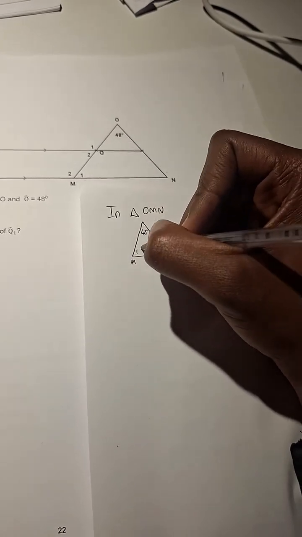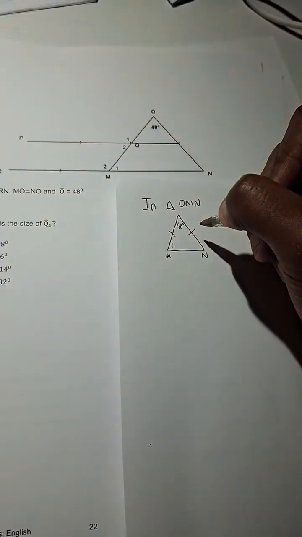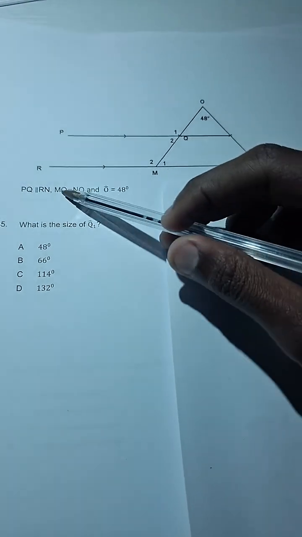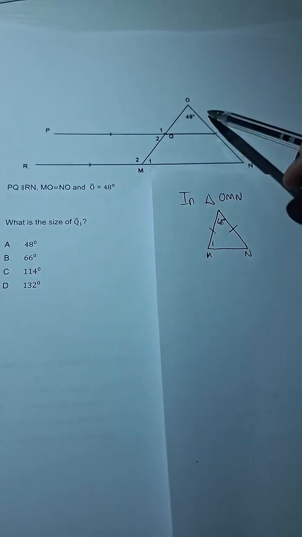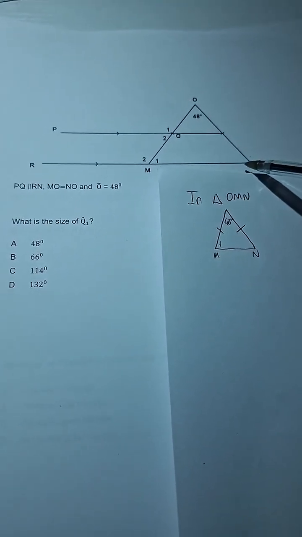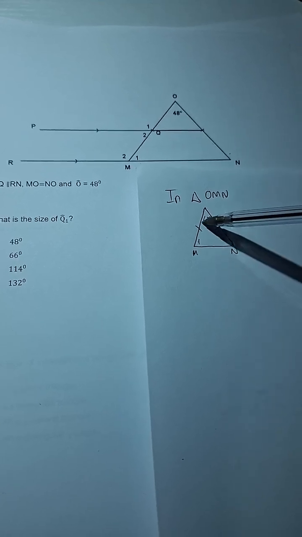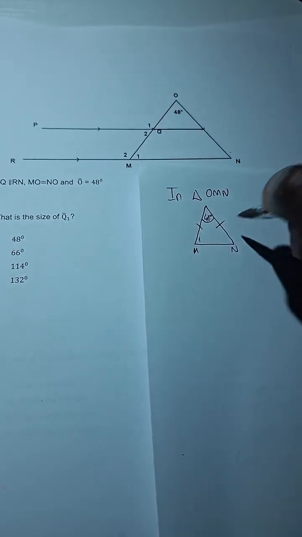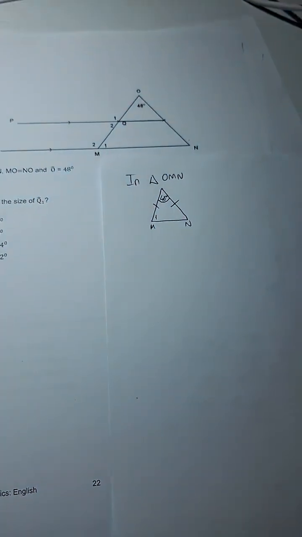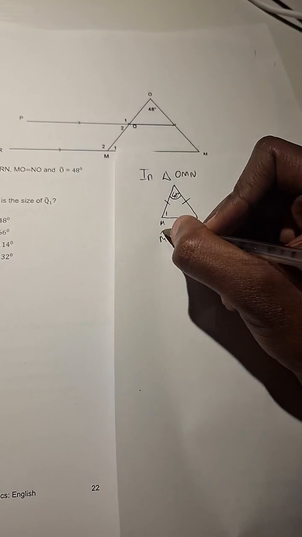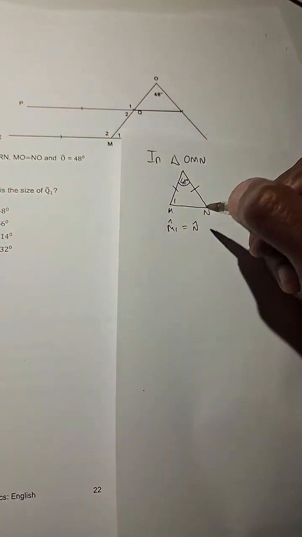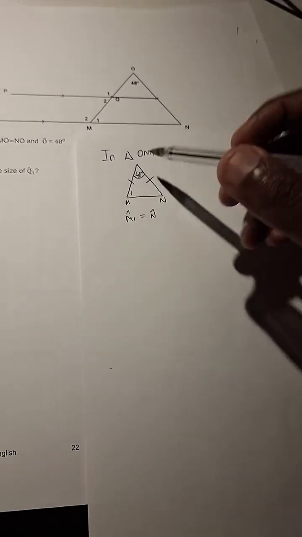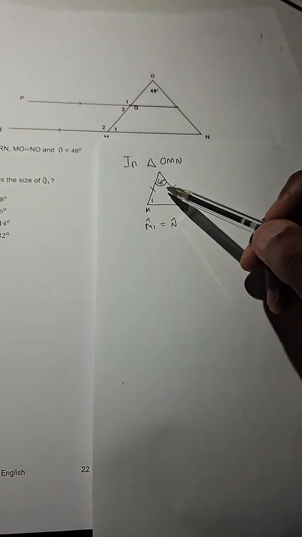That's M1 and that's N. I've been told that these two sides are equal, meaning MO is equal to NO. If this angle is 48 degrees and these two sides are equal, I can conclude that angle M1 is equal to angle N. Why are we going to say angle M1? Because we are looking into the triangle.